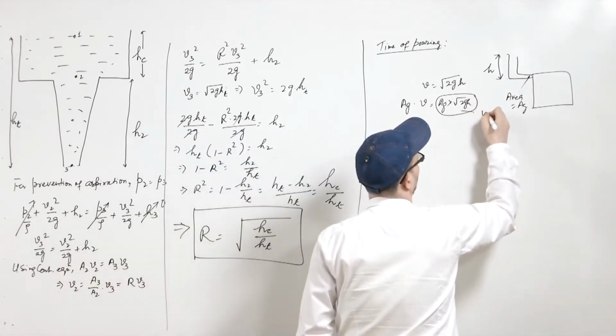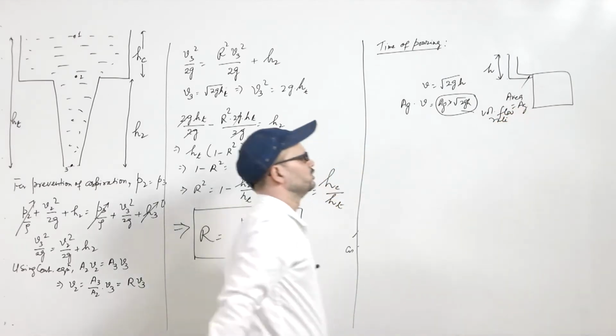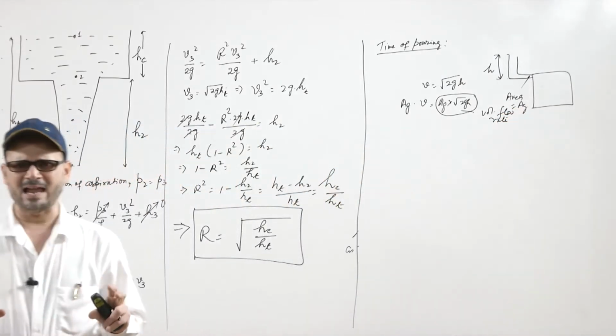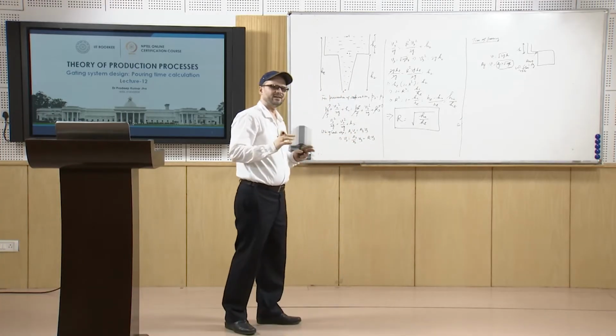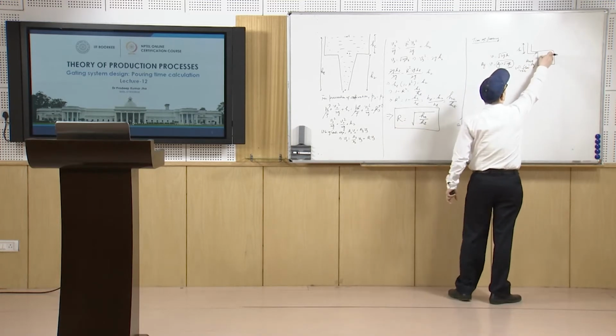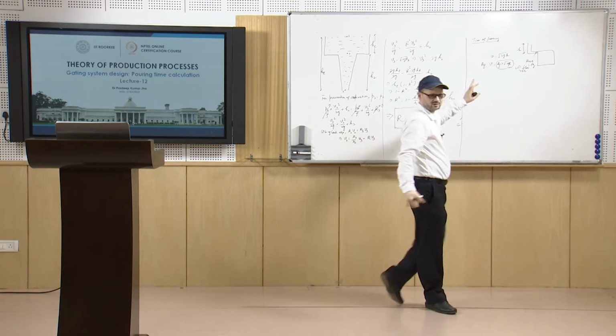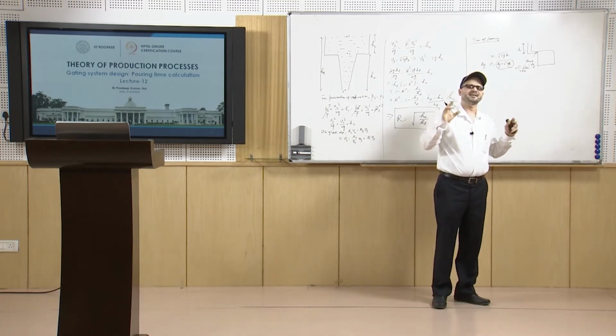So, the pouring time will be calculated by dividing the volume of the casting by this volumetric flow rate. So, this is very simple in the case of top pouring.